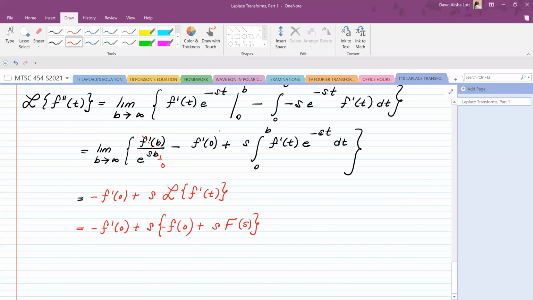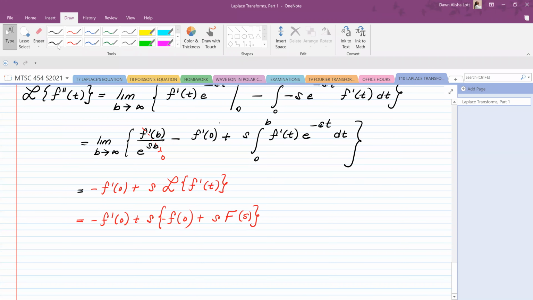So therefore, I get the Laplace transform of f double prime of t is equal to minus f prime at 0 minus s times f at 0 plus s squared times the Laplace transform F of s.